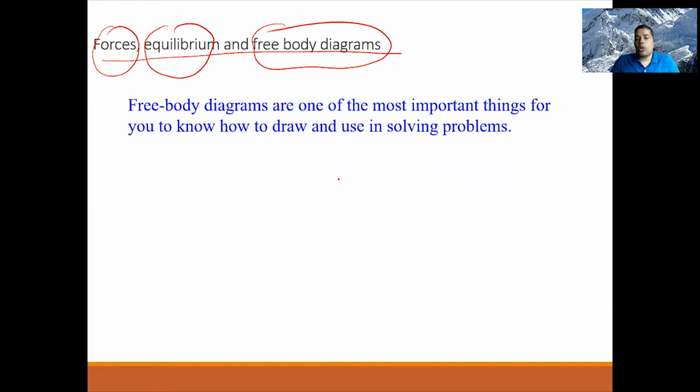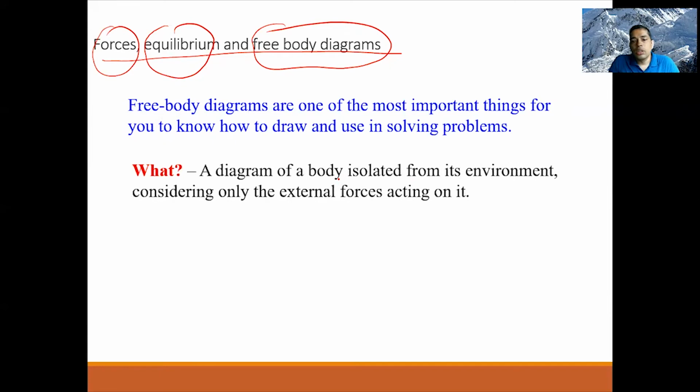We'll talk more about that in the next slide with an example. It is very important to draw a free body diagram because it can be used in solving problems.